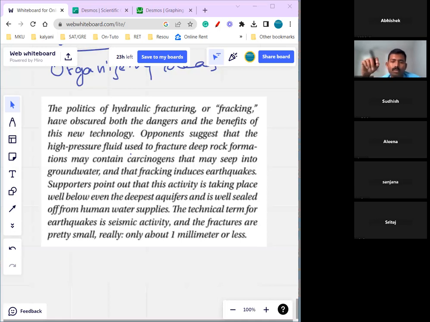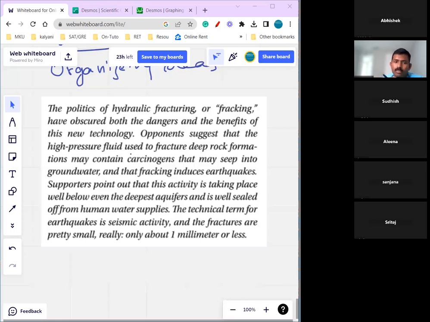And if you look at it, the paragraph begins to lose its focus and also the tone. The phrases "pretty small" and "really" are too conversational for the tone of this paragraph. Everybody agree with that? Because this paragraph started really well.